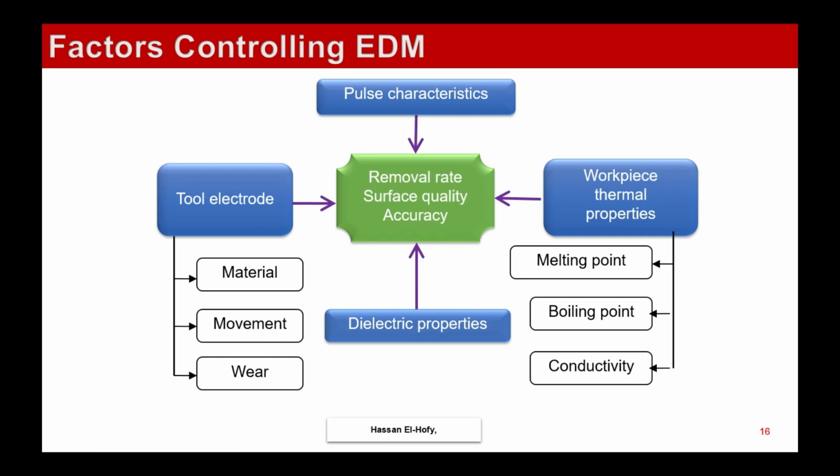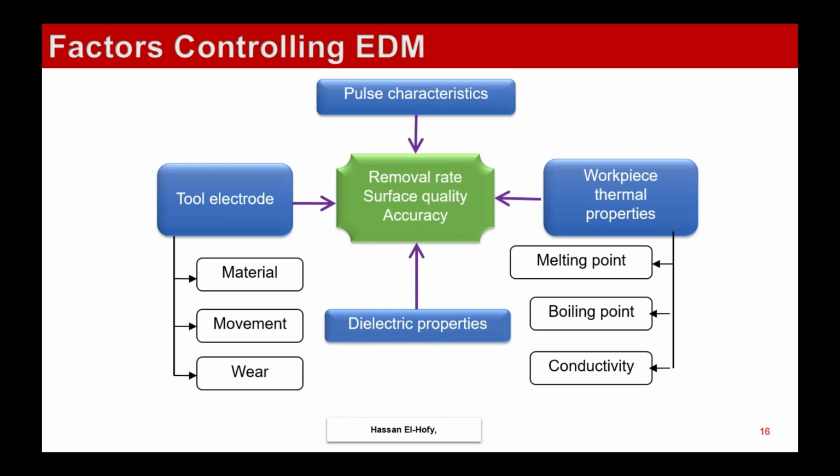There are many factors that control EDM. One of them is the pulse characteristics, such as pulse on time, pulse off time, duty cycle, and pulse current. Some other factors are related to the electrode material, movement, the wear that occurs to the tool electrode, and the workpiece thermal properties, because this is a thermal machining process.